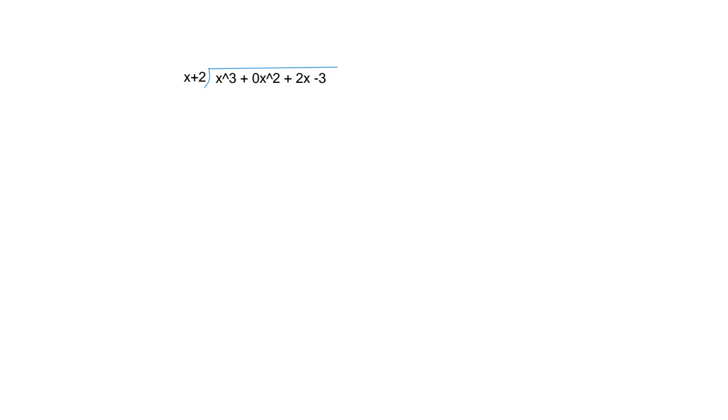Now we want to put on the quotient. The top part, on top of this sign, we write down the quotient. So we need x squared in the quotient, because x squared times x will be x cubed. So put here x squared on top. The top part is for the quotient, because x times x squared would be x cubed.